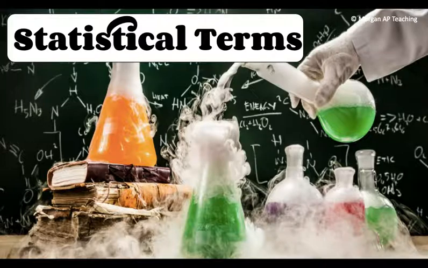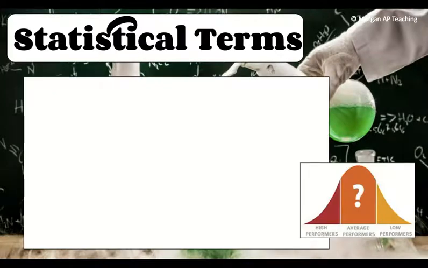All right, let's talk about statistical terms and get into some of the stats and data. Once again, hopefully this is stuff that you've had before, but we'll get into it here. This is a major part of the FRQs on the AP exam, because you're going to have to take data and correlations, analyze and interpret that data.